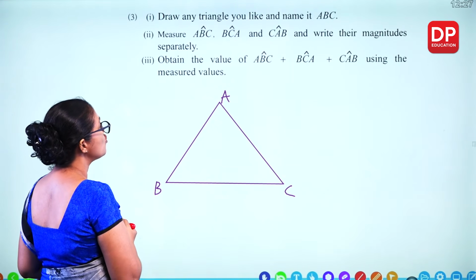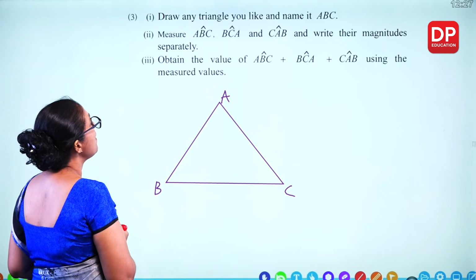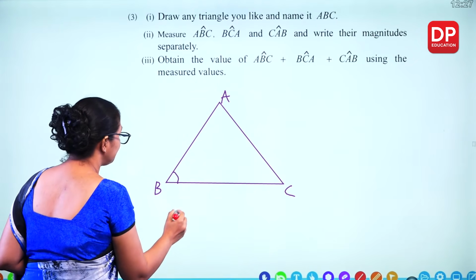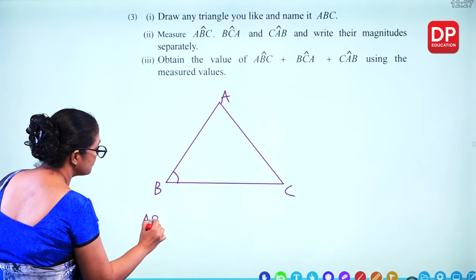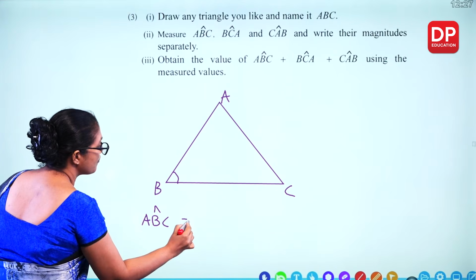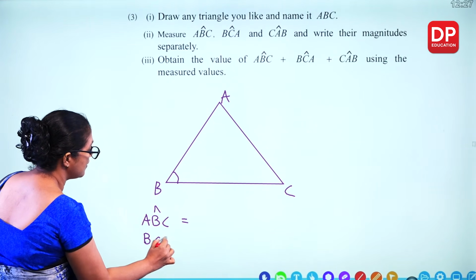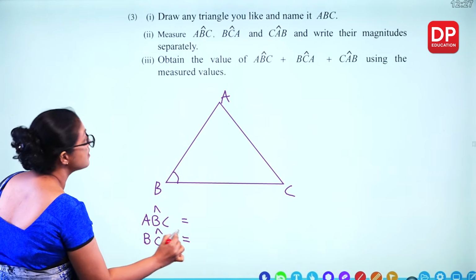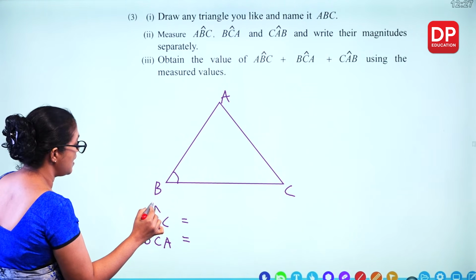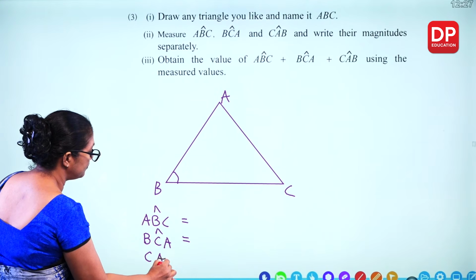So that means each angle we have to do. ABC, this angle. And we need BCA. And finally, CAB.